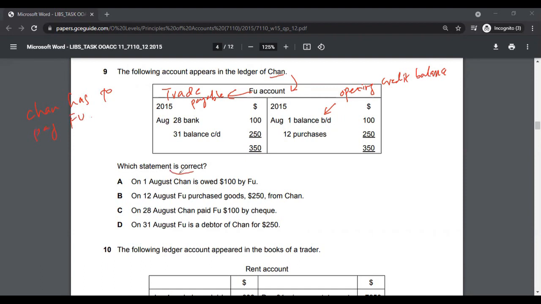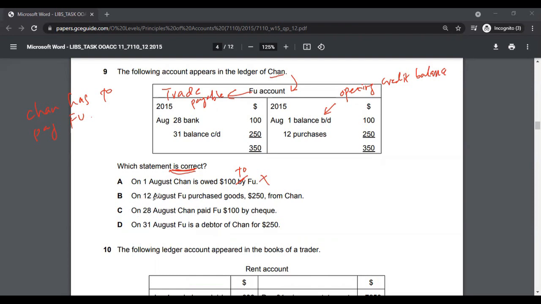Let's see which statement is correct. Option A: on 1st August, Chan is owed $100 by Fu. No, Chan actually owes $100 to Fu, not by Fu, it should be to Fu. So this is an incorrect statement.